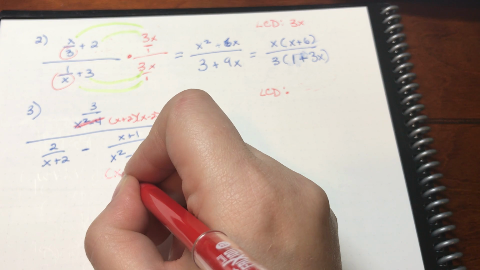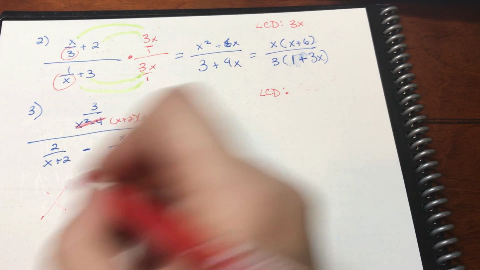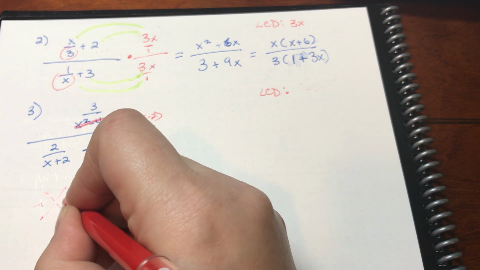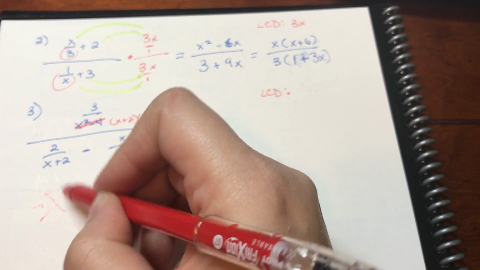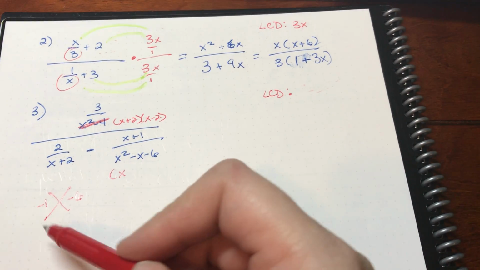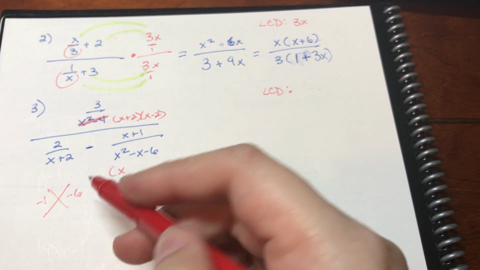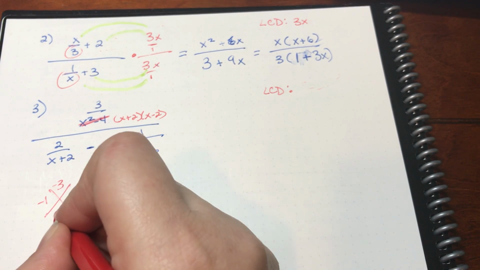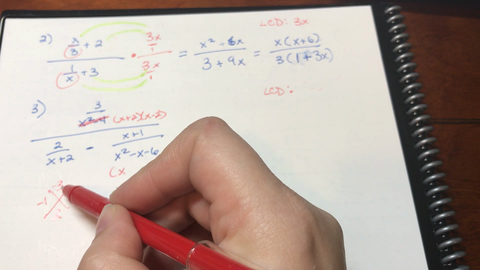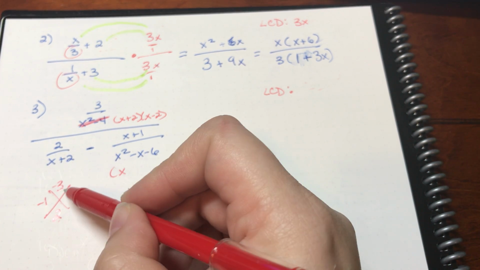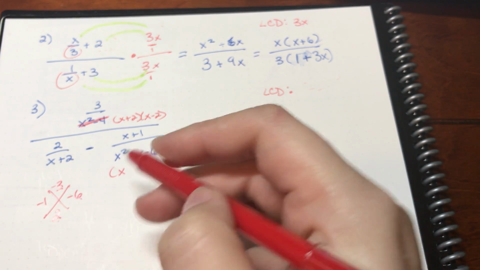It's x, thinking about -1 and -6, two numbers that multiply to make -6 and add to make -1 would be -3 and +2. -3 times 2 is -6, -3 plus 2 is -1.